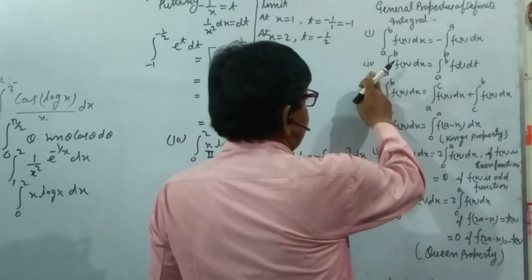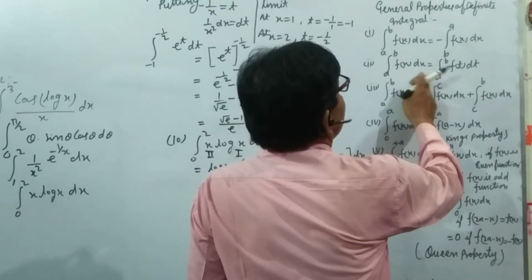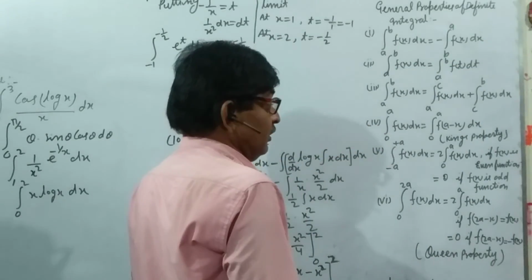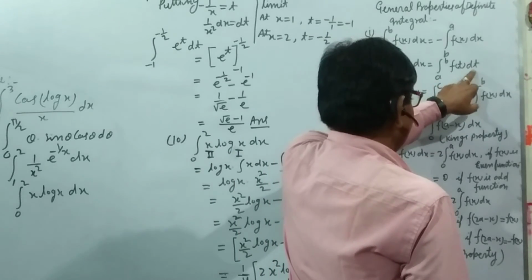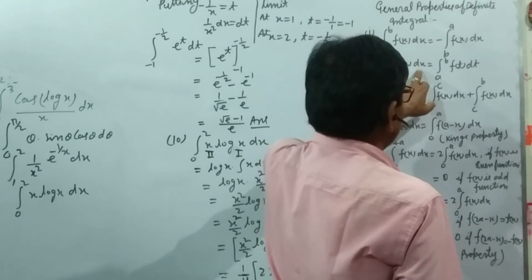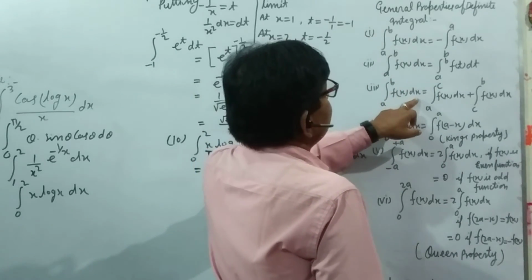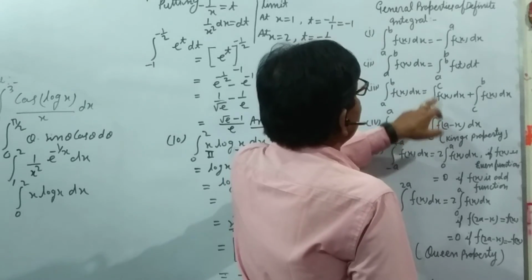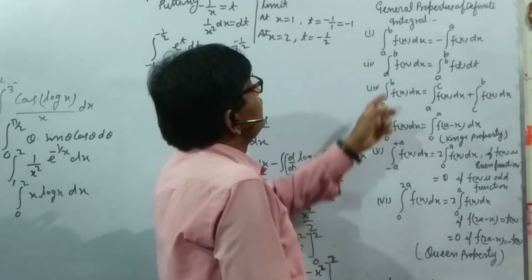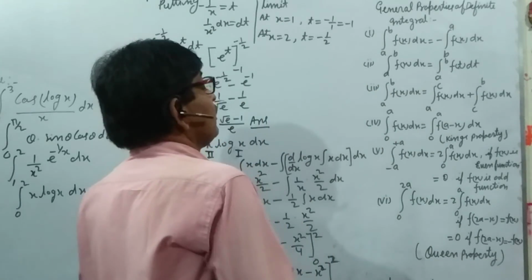And integration of a to b of f x dx equal to a to b of f t dt, integration with respect to t, here with respect to x. Now integration of a to b of f x dx is equal to a to c and c to b of f x dx. These limits can be divided into two or more parts here.